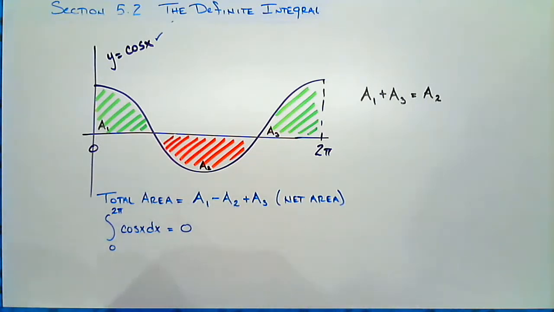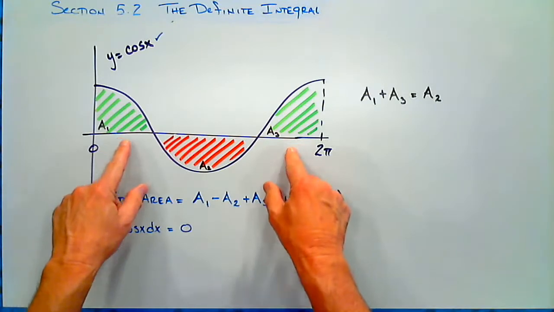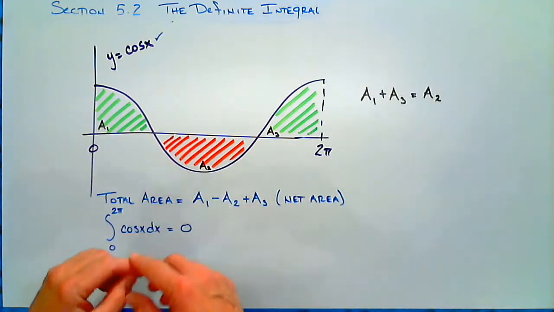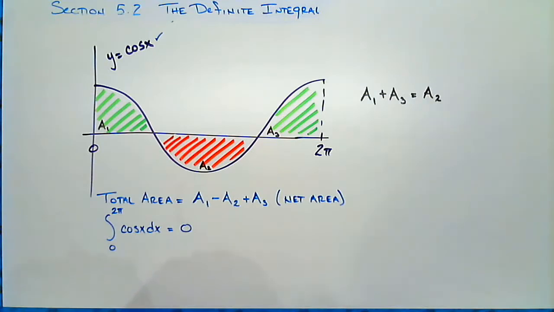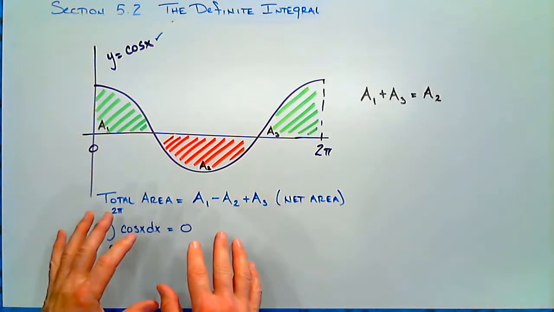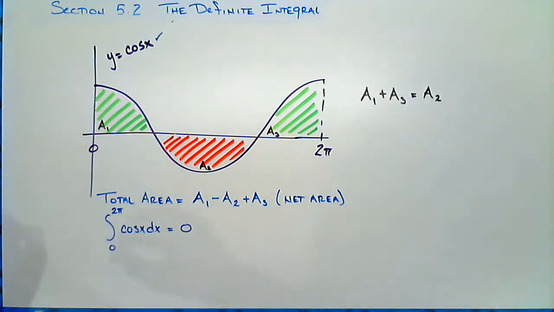The mathematics is going to tell us 0. If we want this to be area, we're going to think of this as 1 piece, 2 pieces, 3 pieces. And we're going to think area is always positive, and we're going to expect a positive number there. We're not going to get a positive number there. We're going to get 0. And the reason we're going to get 0 is integrals are not area. Integrals are integrals.